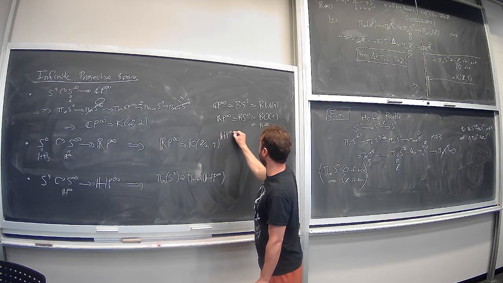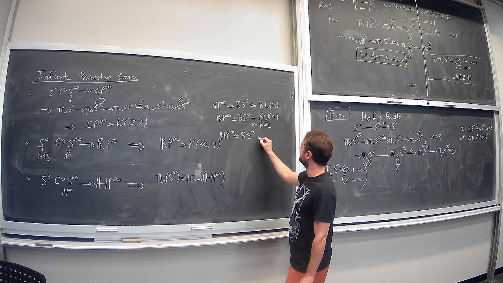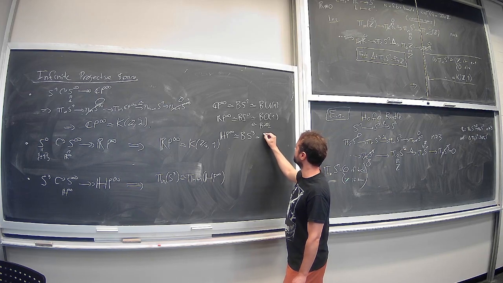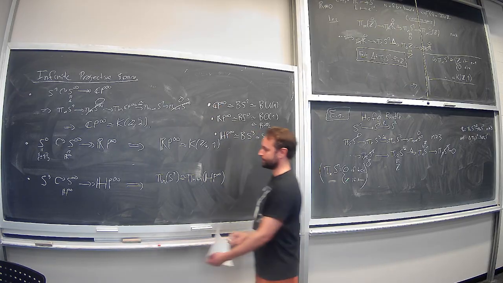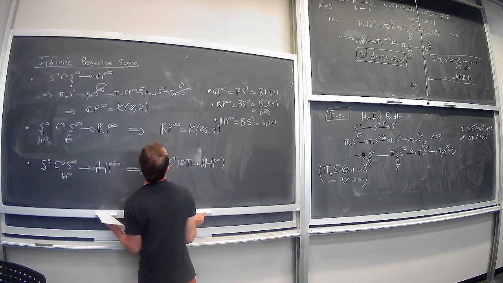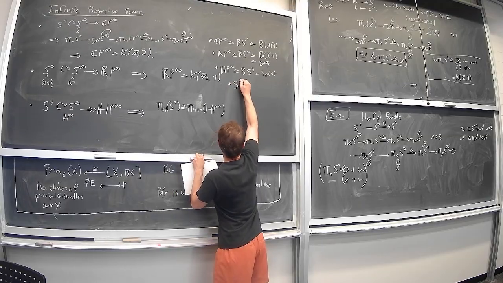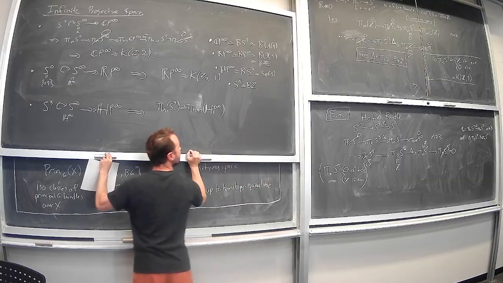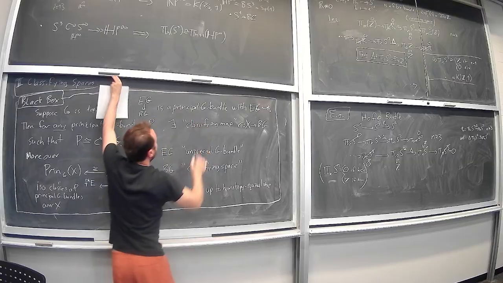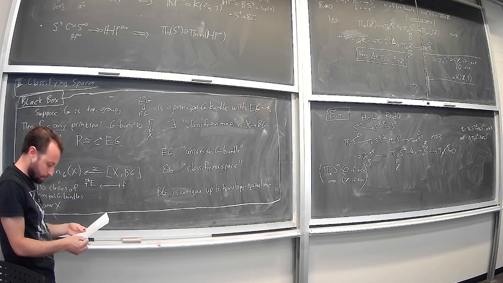HP infinity is the classifying space for S3, which I think is called Sp1. Yeah, symplectic transformations. So we already have classifying spaces, and we already did one above: the circle is the classifying space for the integers. That's cute. So any map to the circle gives you a principal integer bundle.